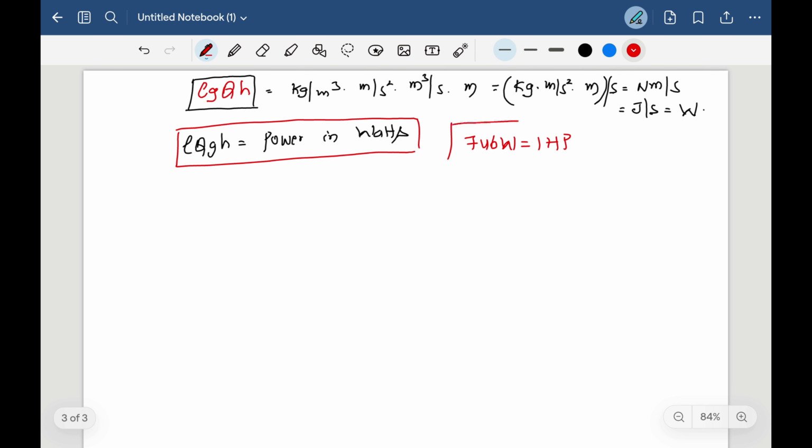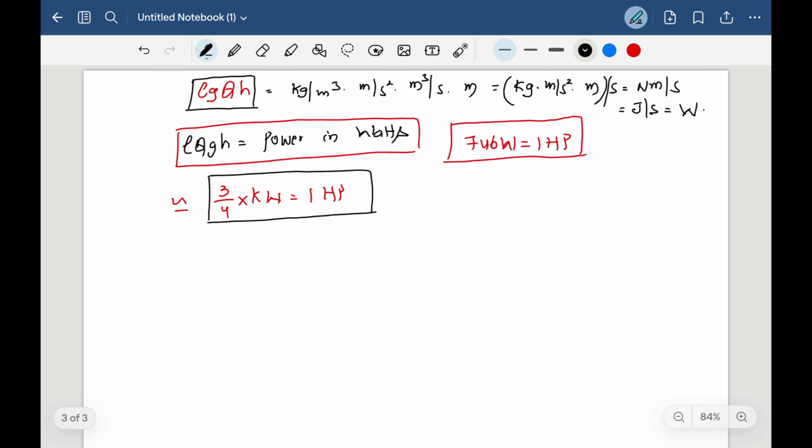That means approximately half a kilowatt, almost 3/4 of a kilowatt, is equal to 1 HP. Please remember this. If somebody gives the power in kilowatts, 75% of it is HP.